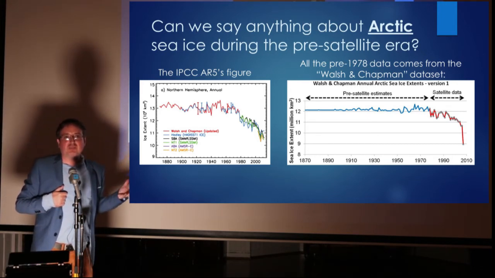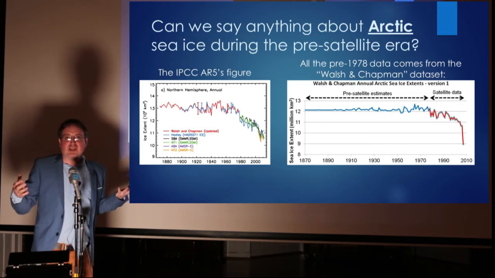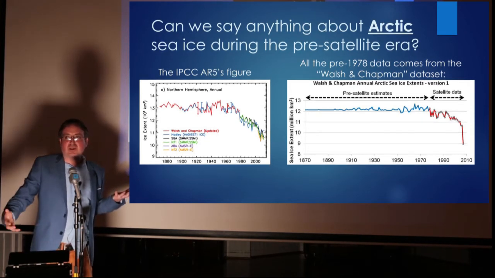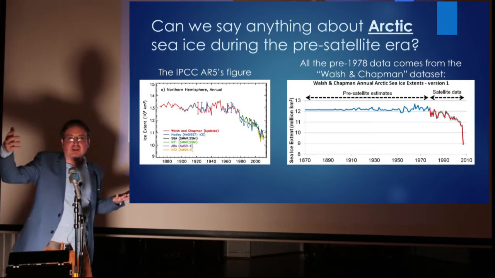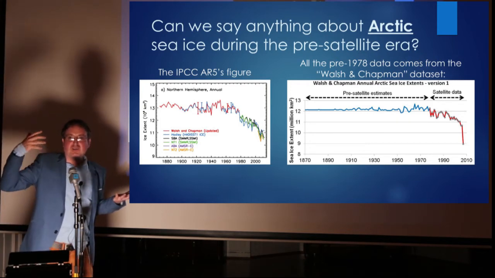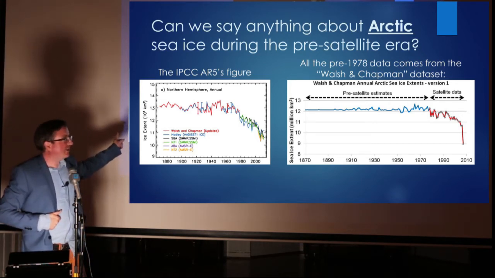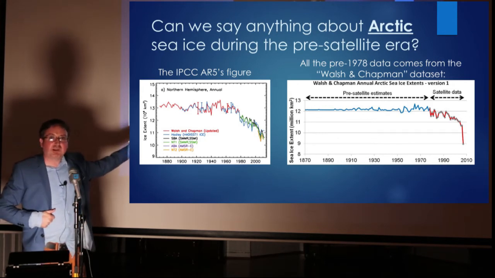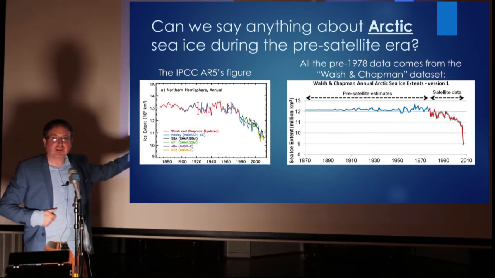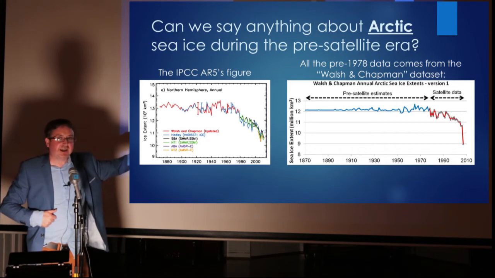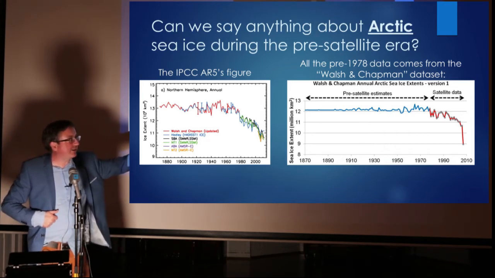There are some measurements that have been made from explorers going out on ships, from aerial reconnaissance, and from different measurements in icebreaker ships and different things like that. The IPCC used a particular data set constructed from this, which is the Walsh and Chapman data set.